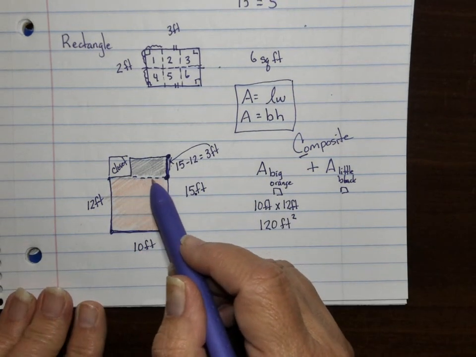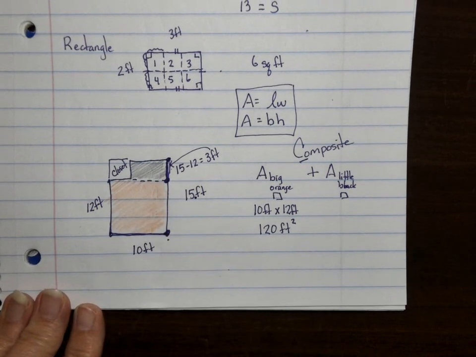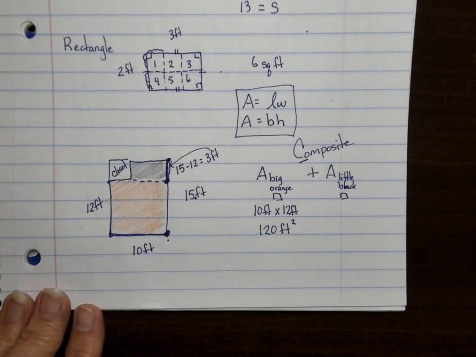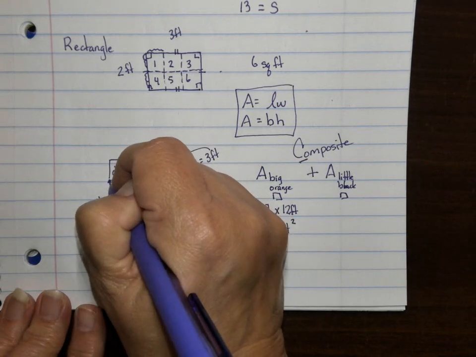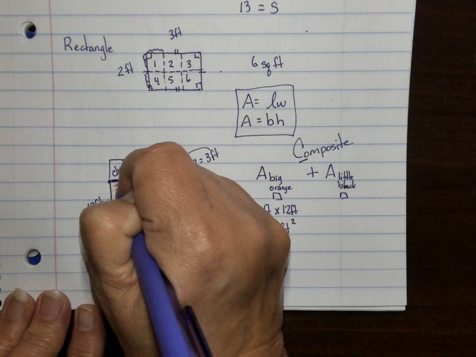Oh, now I need to find this part. Do you see that you don't even have enough information to find that right now? But what if I came in here and told you that this closet was 2 feet?